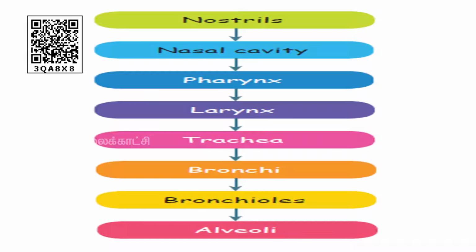So children, once again: the air enters the nostrils, nasal cavity, pharynx, larynx, trachea, bronchi, bronchioles and alveoli.